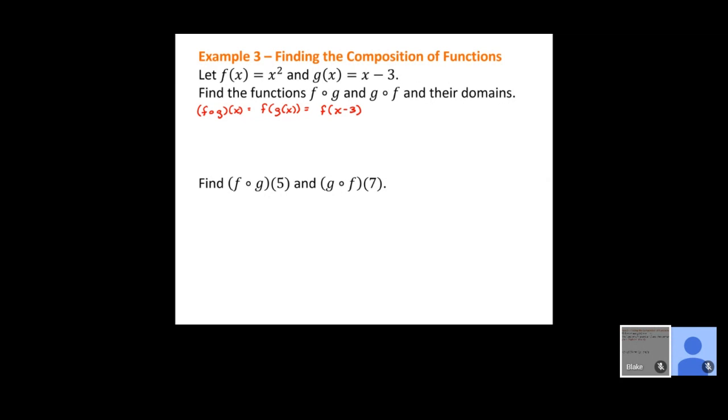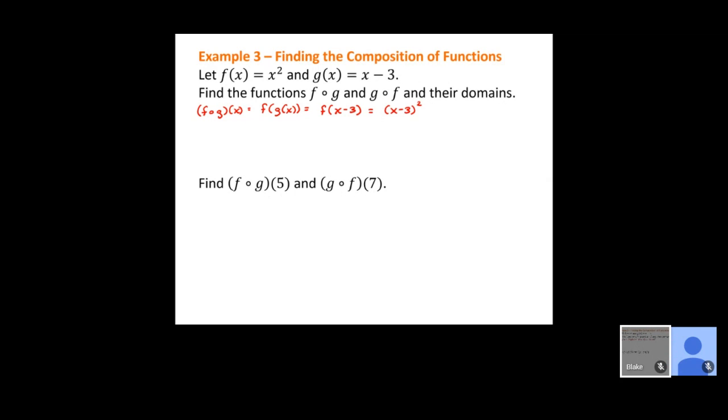Now that I've got that, I can take the x minus 3 and substitute it into the f function. So if I substitute x minus 3 into the f function everywhere that I see an x, what's that going to look like? Good. So x becomes x minus 3, and then we're raising that to the second power.